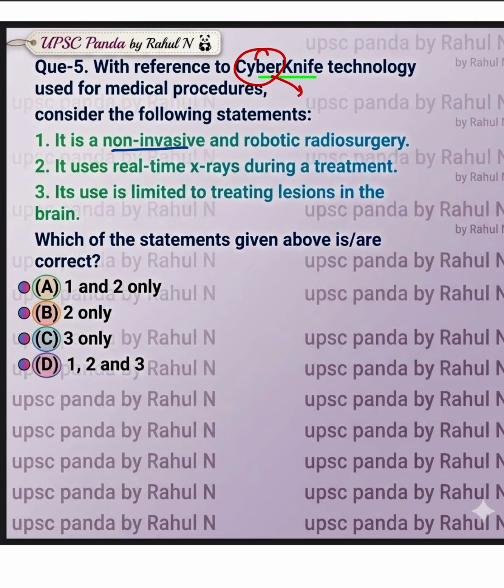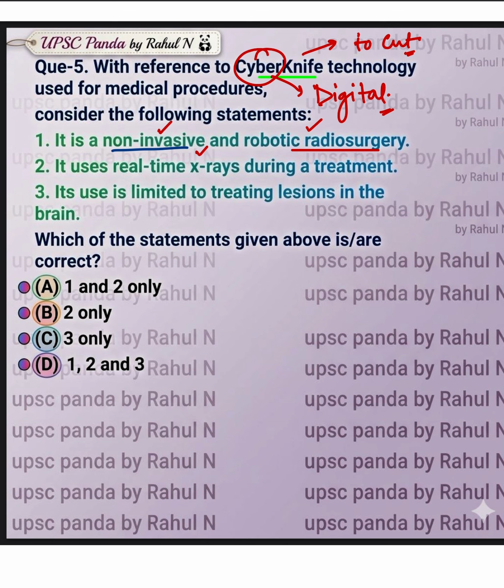Cyber means something digital, and knife means to cut. So digitally it will be cut. So non-invasive robotic radio surgery है. Cyber means something digital, ठीक, तो actual knife is not there, cyber knife. So non-invasive correct, robotic radio surgery correct.